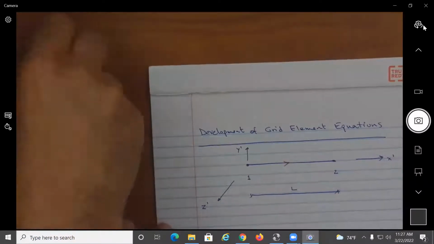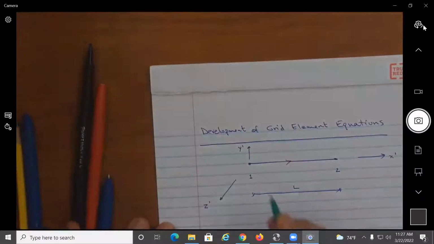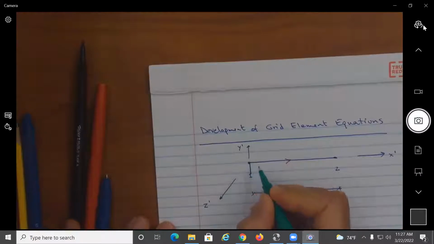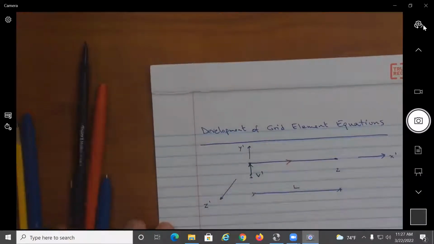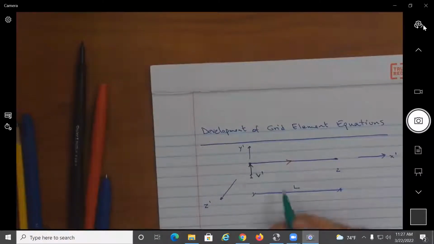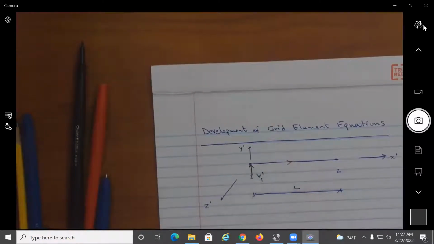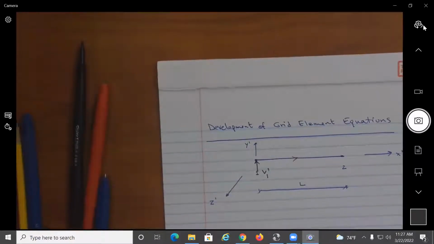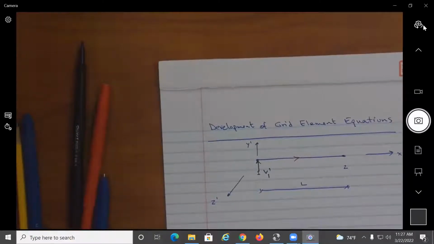So if I'm trying to describe the degrees of freedom, I would say that I will have a V prime, and if this is node 1, I would call it V prime 1. This is the first degree of freedom, displacement.